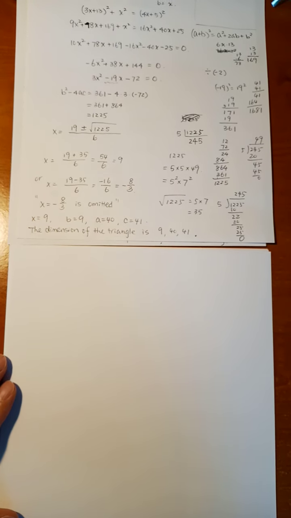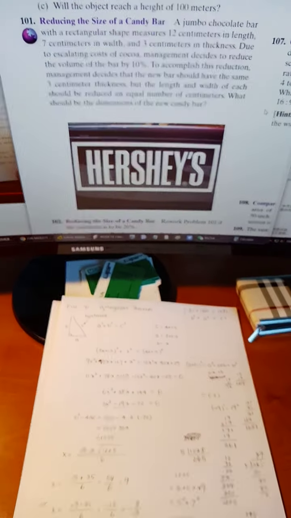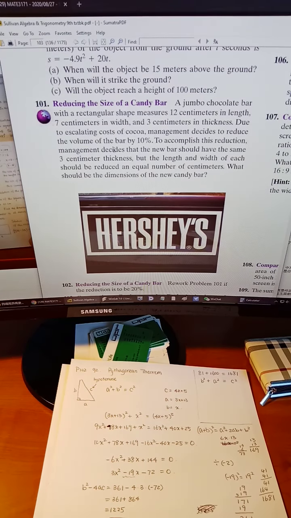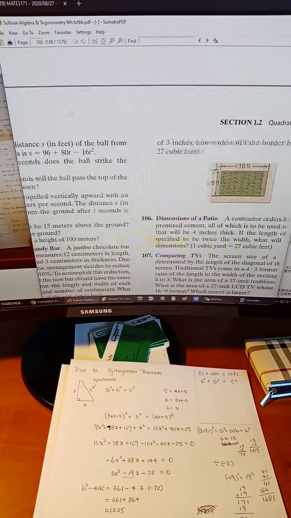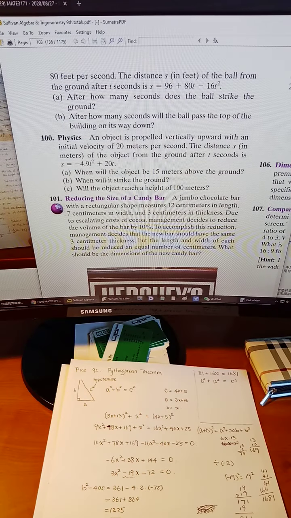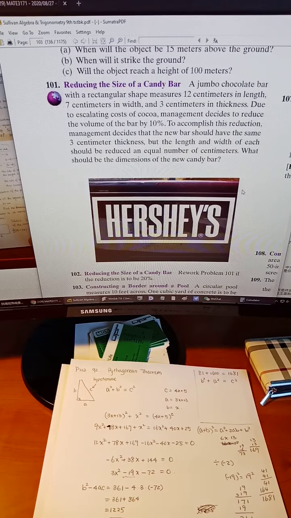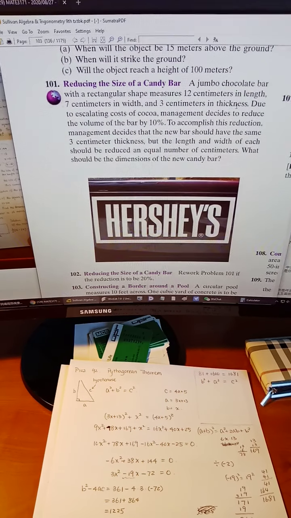Okay, let's see this problem. This is a business problem, problem 101, on page 103. Reducing the size of a candy bar. A jumbo chocolate bar with a rectangular shape measures 12 centimeters in length, 7 centimeters in width, and 3 centimeters in thickness.